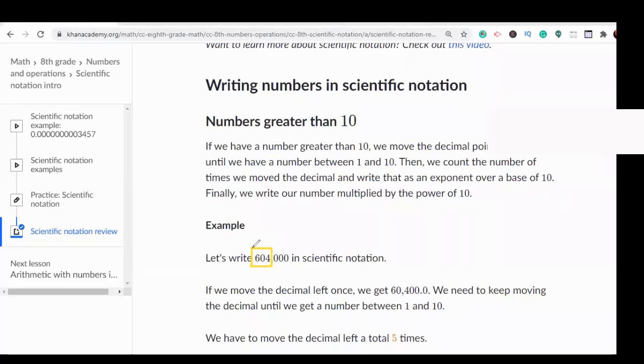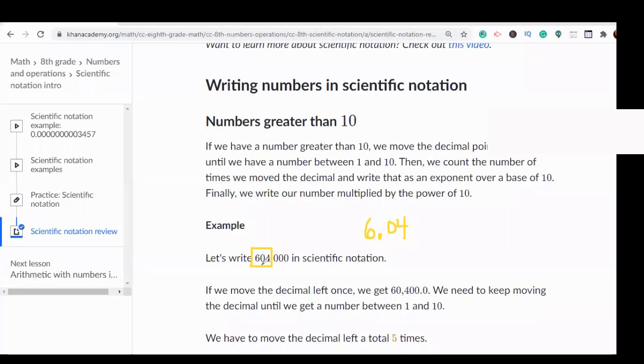I'm going to look at the portion of the number that doesn't have a series of zeros. So I have 604 as the portion where the zeros aren't. That's what I want to turn into a number between 1 and 10. So I will put 6.04. And I want to also put that decimal in the same place on the original number.